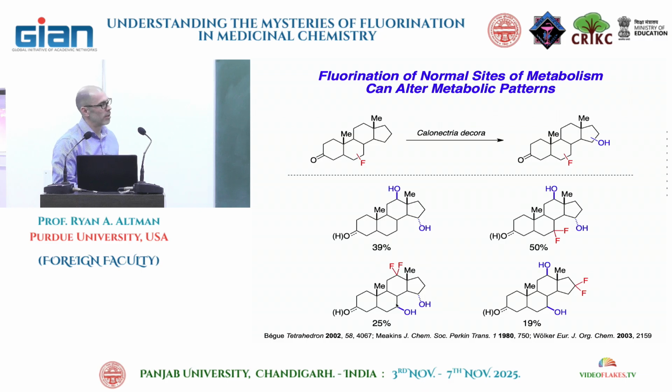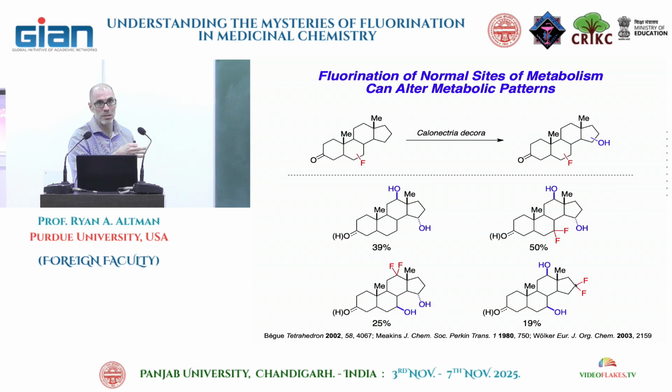Another important lesson or thought, we talked about fluorination of the site that you're trying to block, or vicinal fluorination. So if we fluorinate one position over, we can still destabilize the radical intermediate. And that's what's going on down here in this example. Okay. The species tends to hydroxylate this position right here. But we can block that position by putting fluorine adjacent.